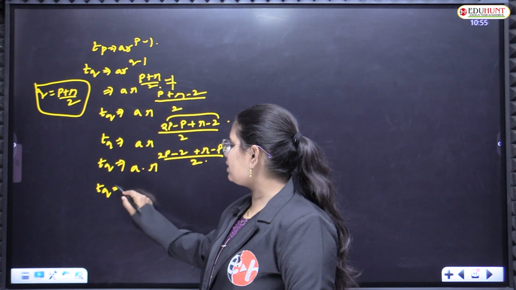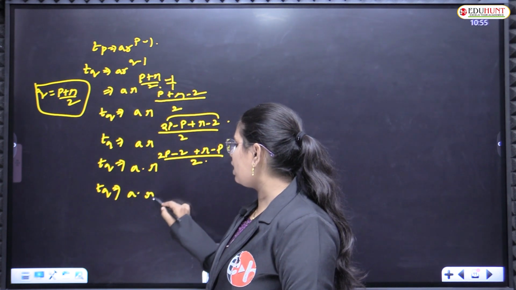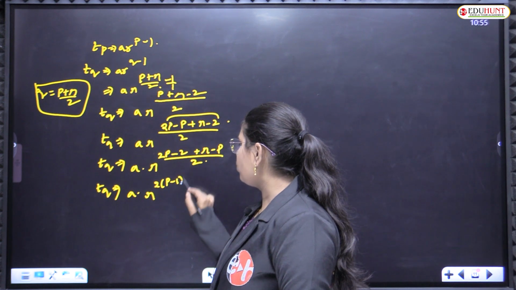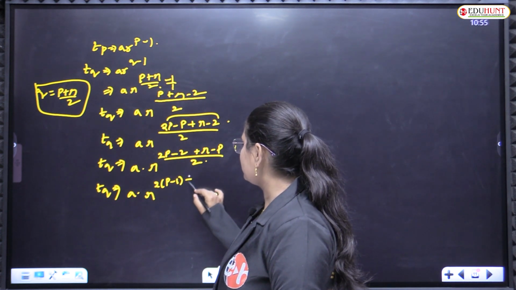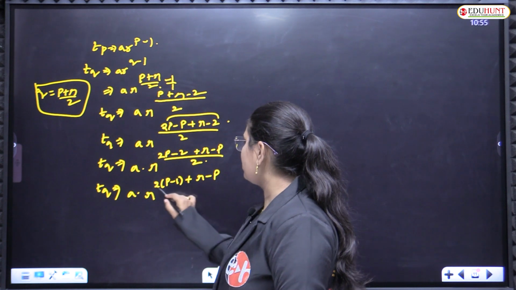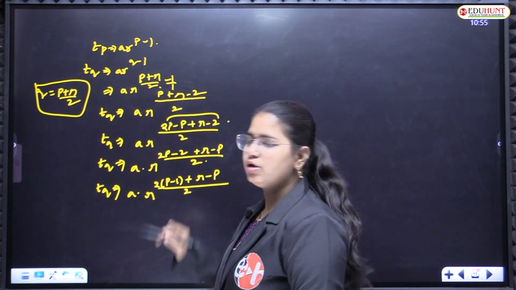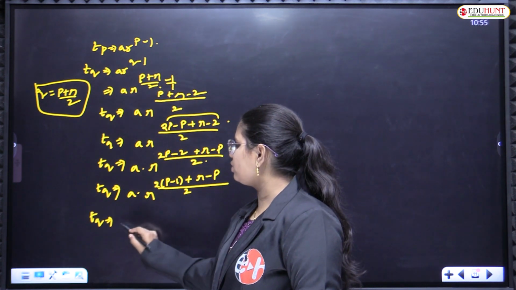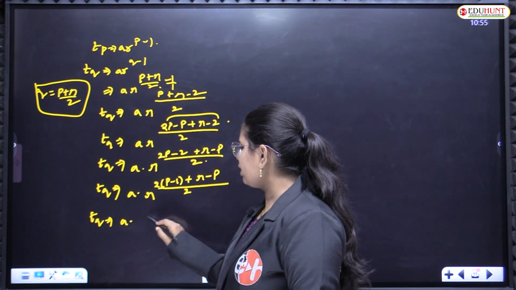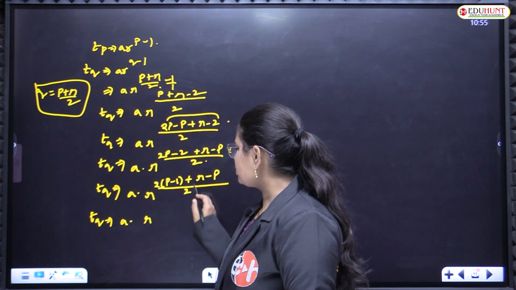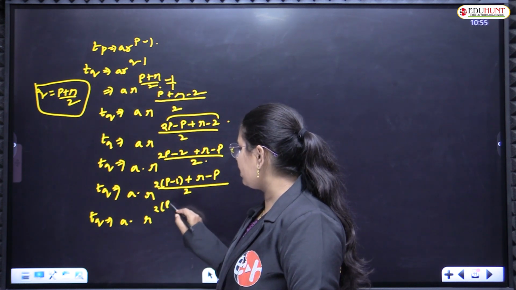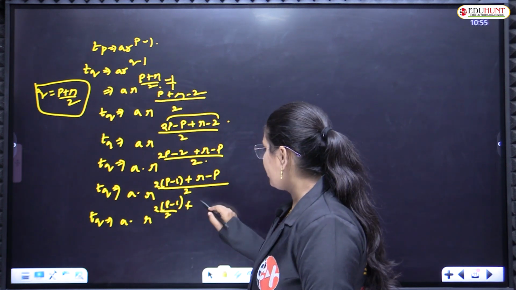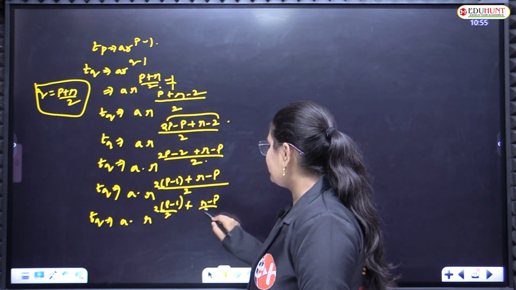TQ is equal to A into R. Take 2 common, so we will have P minus 1, plus R minus P, whole divided by 2. I just took 2 common from the first 2 terms. TQ is equal to A into R, split this: 2 to the power of P minus 1 by 2 into plus R minus P by 2.